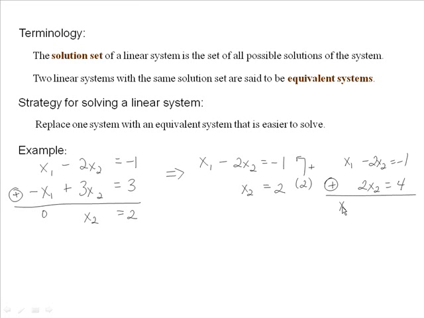So we'll end up with x1, and x2 is eliminated, equals 3. Then we replace our first equation with that. So we now have x1 equals 3 and x2 equals 2. So our solution is the point (3, 2), just as it was in our graph.